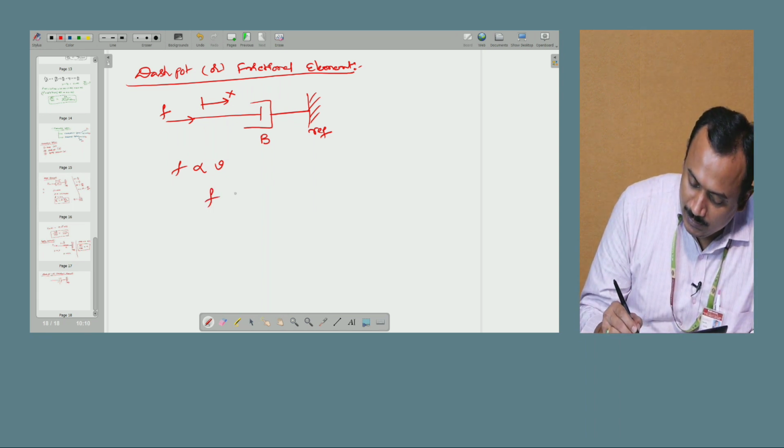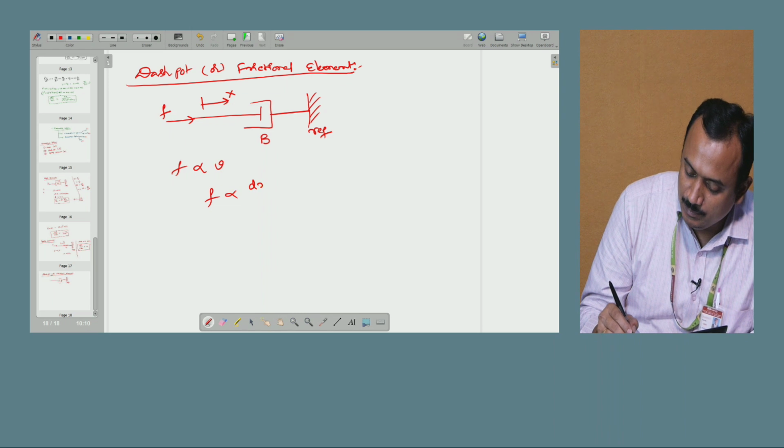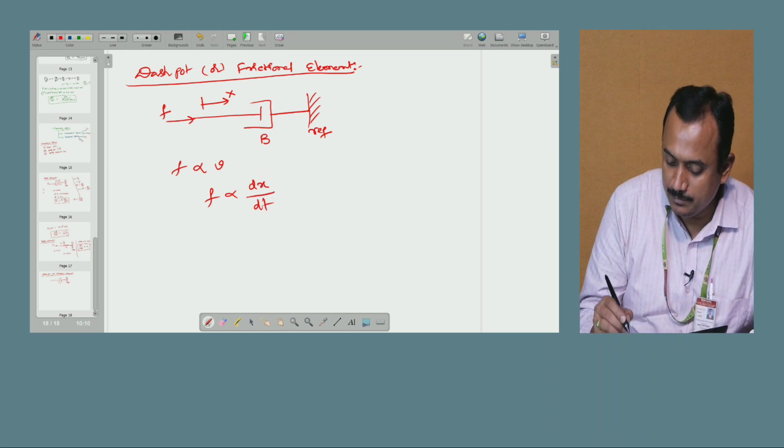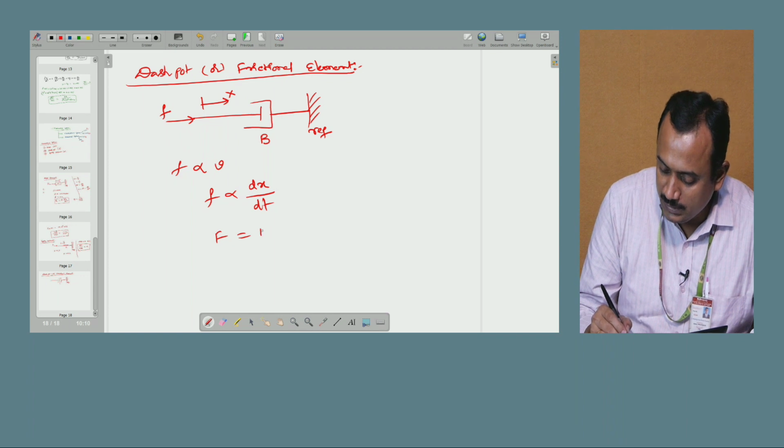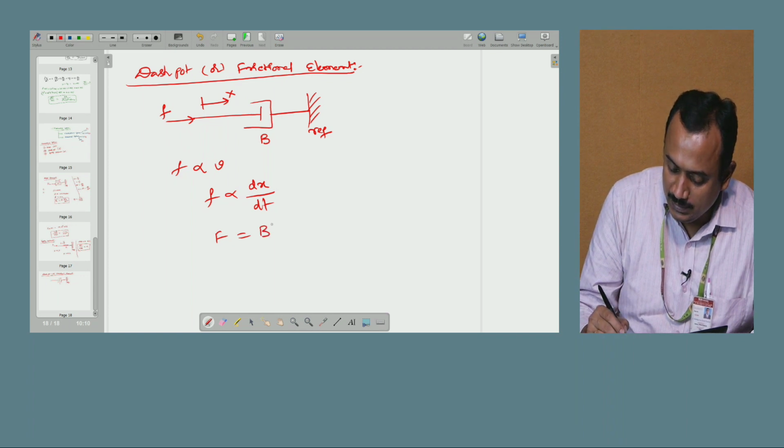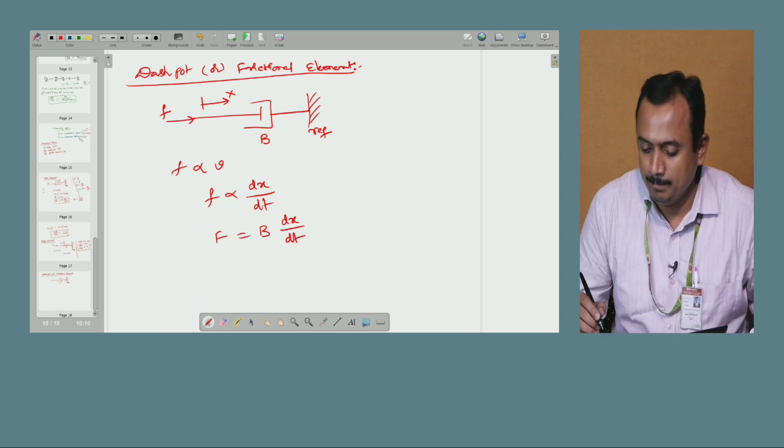And if I write the velocity in terms of distance, it becomes dx by dt. Now this proportionality constant is replaced with b, that is F is equal to b into dx by dt.